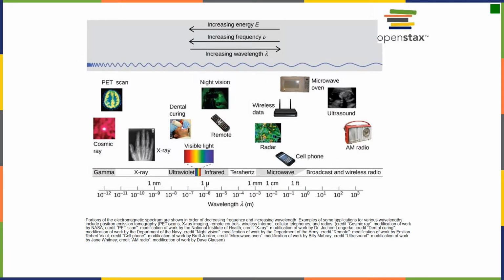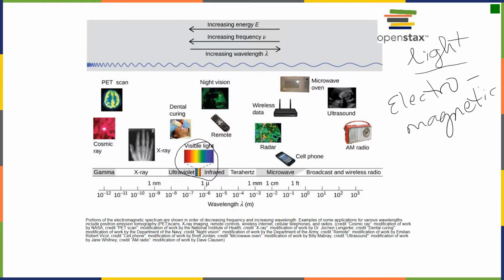All right, we use light on a day-to-day basis for a number of different things. What we call light is in fact visible light. That is this little tiny bit of the electromagnetic spectrum that we can see. So the entire spectrum of light is called the electromagnetic spectrum.